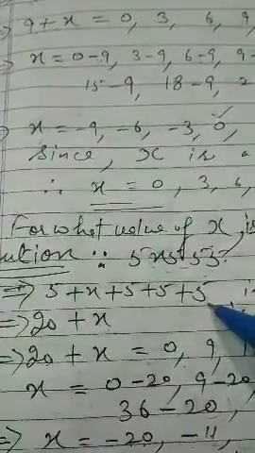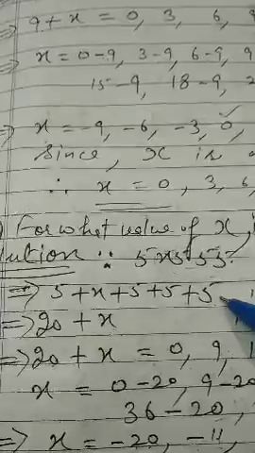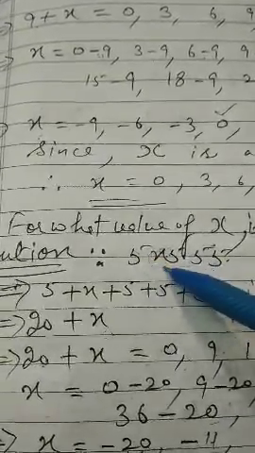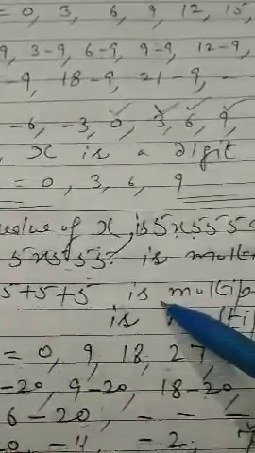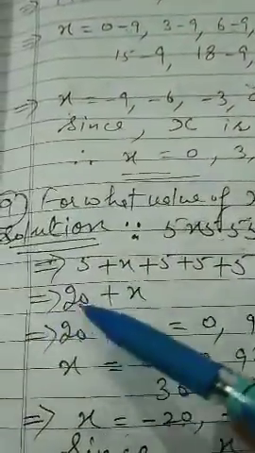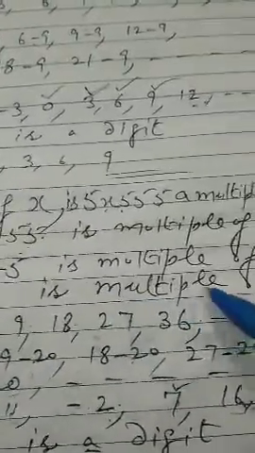A number is divisible by 9 if the sum of digits is divisible by 9. It means you will add all these digits like that and write is a multiple of 9. After adding these digits, you will get 20 plus x is a multiple of 9.